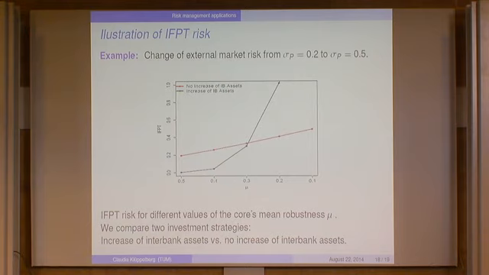And now, if sigma changes from 0.2 to 0.5, and this periphery bank does nothing, then what you see here is their default risk. It increases linearly when mu decreases.